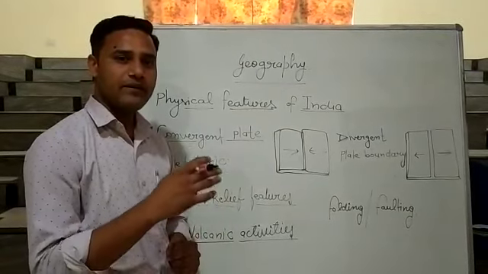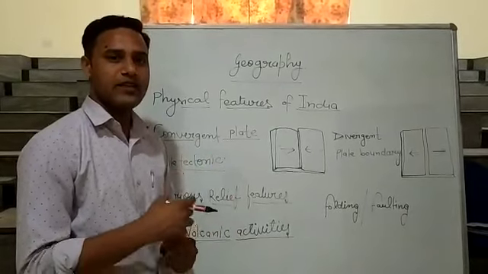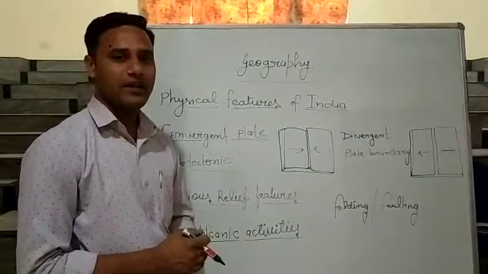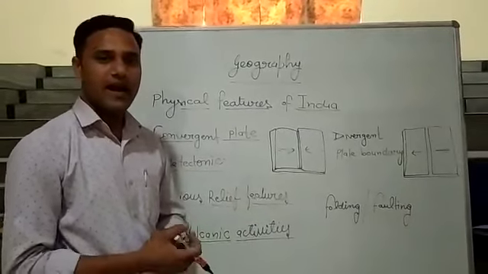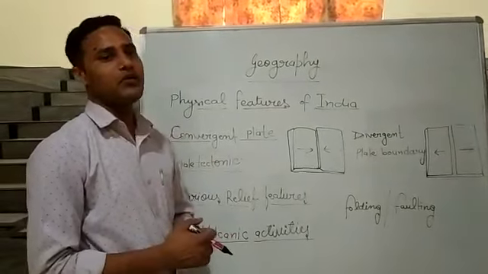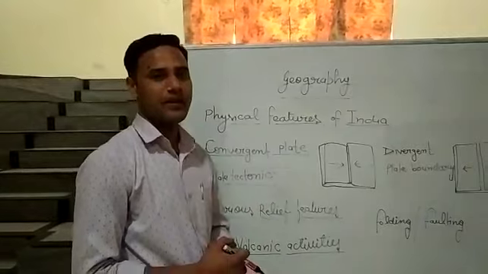Now due to different forces of the earth, due to endogenic and exogenic forces, Pangaea was broken into a number of continents. At present, the result is 7 important continents and 5 major oceans.